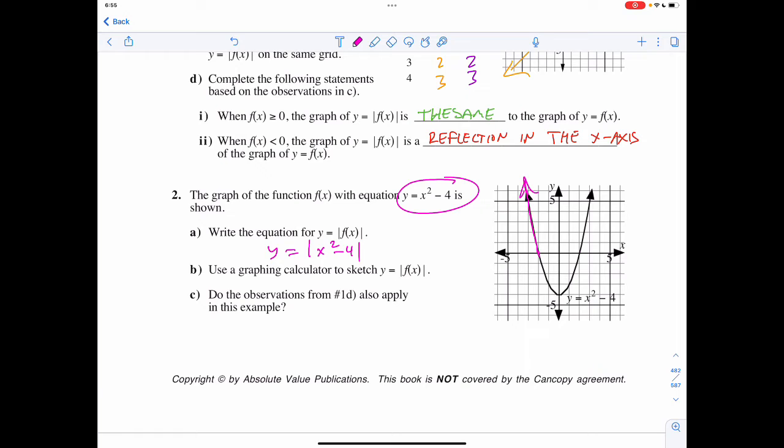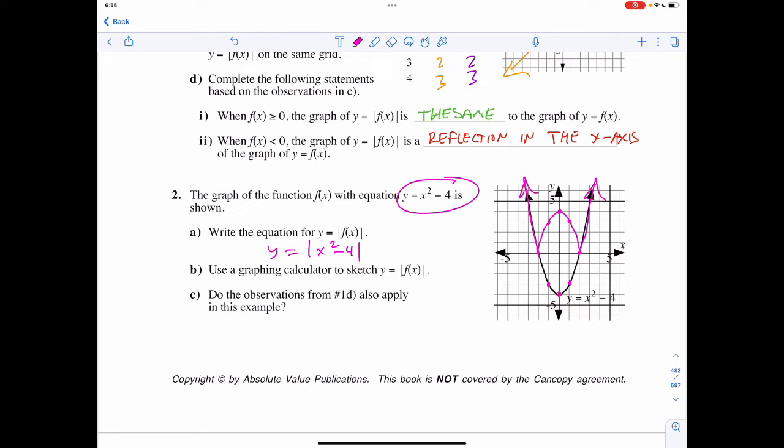The absolute value of those positive values are the exact same values. The negative values, like here, when y was -3, or here when y was -4, become +3 and +4. And once again, they become a perfect reflection in the x-axis.